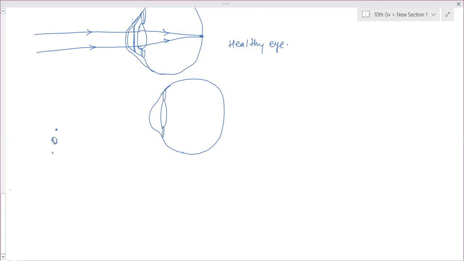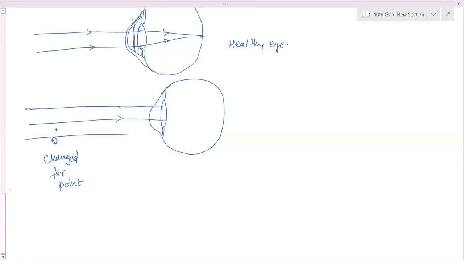This is O. This is the changed far point. Rays coming from infinity, they are converging in front of the retina. So here is the image formed. This is the retina, with rods and cones. So the image cannot be transferred to the brain.